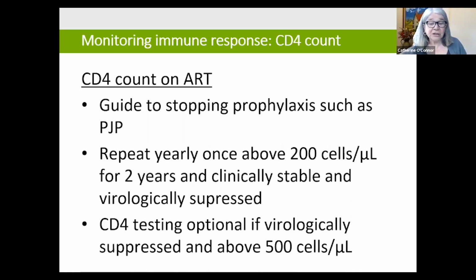We need to repeat yearly after the CD4 count has reached 200 for 2 years, and the patients are clinically stable and virologically suppressed. And once our patient has reached 500 cells and is fully virologically suppressed, then CD4 testing should be optional.